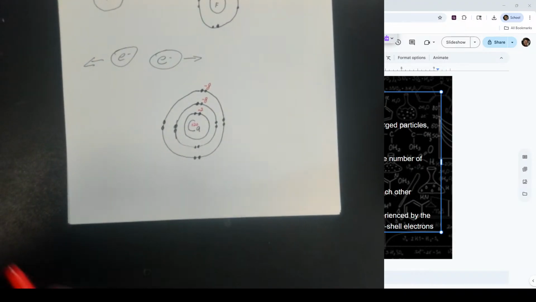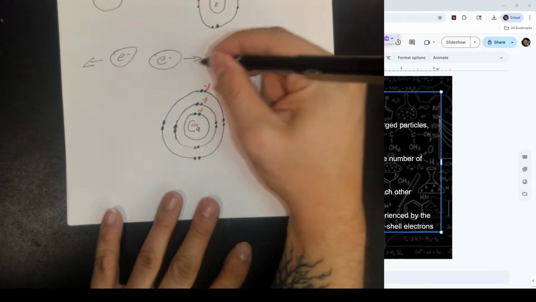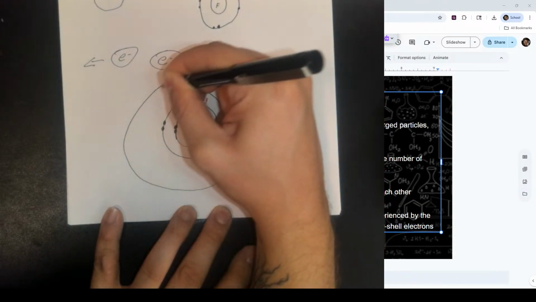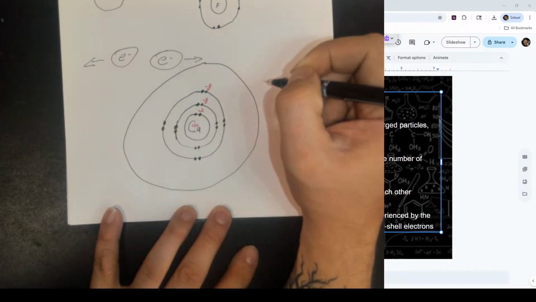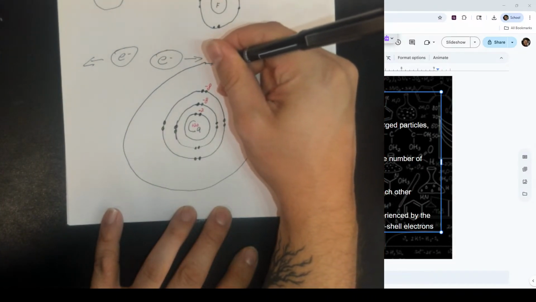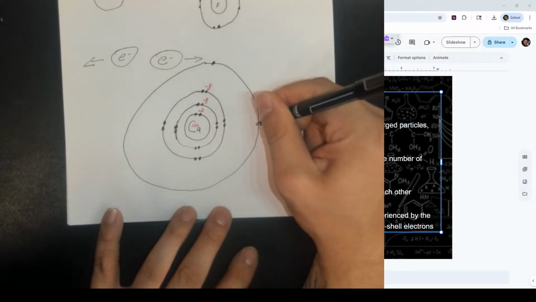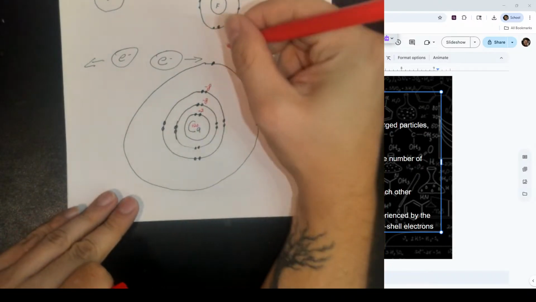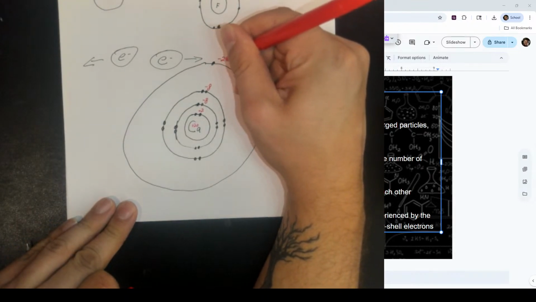The +10 that's left, which means my last ring, and let me kind of scale this a little bit, is going to be kind of hanging off the end. It's going to be really big. And if I go back to that atomic radius, you're going to see how big it is. I'm going to have 1 electron, 2 electrons, and that's a -2 charge, which cancels out my +20 and makes a neutral atom.